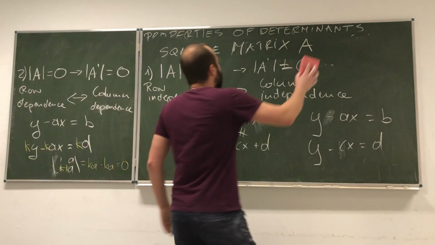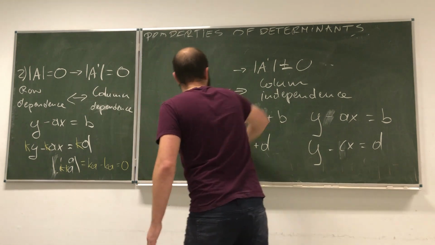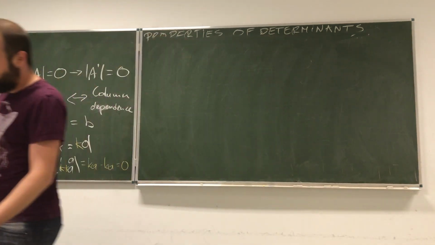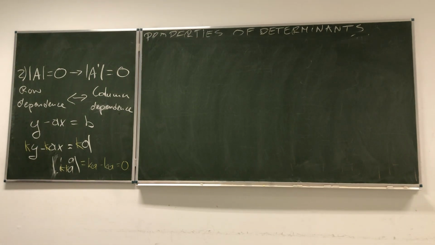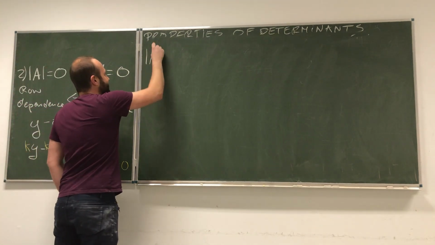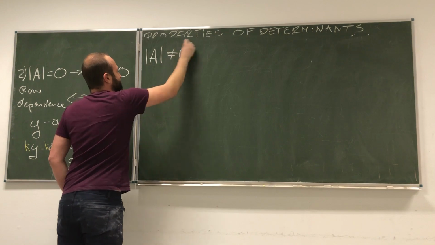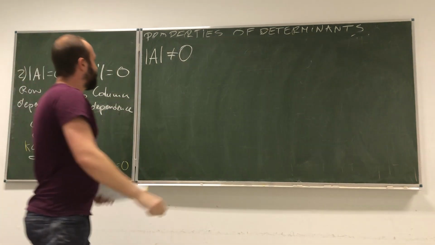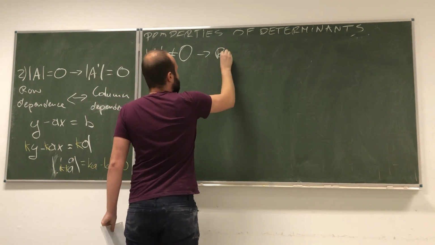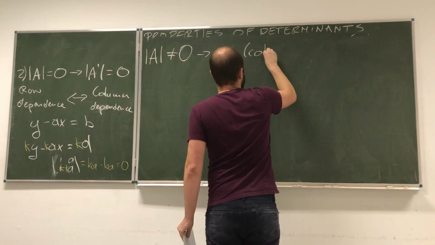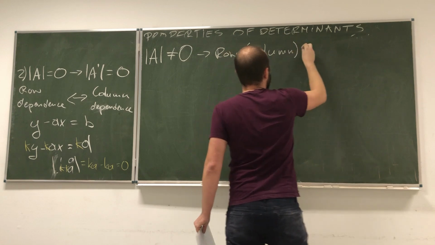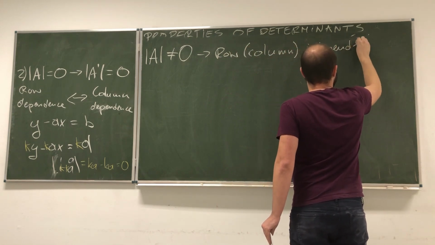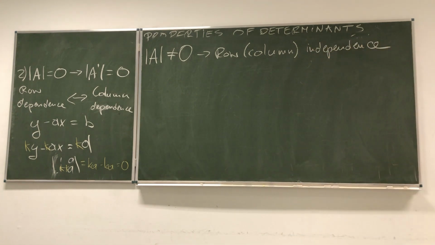And now we can very nicely summarize our conclusions, because we get that if the determinant of A is different than 0, we have row or column independence. Right?